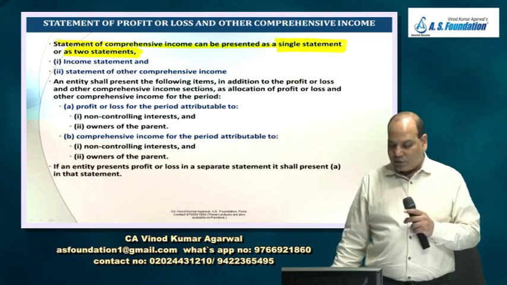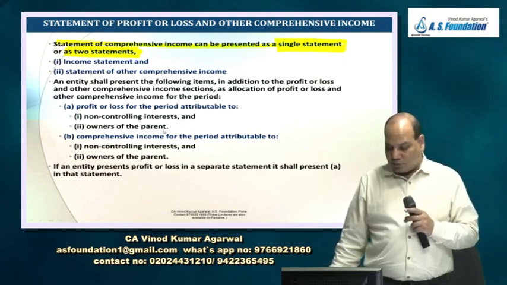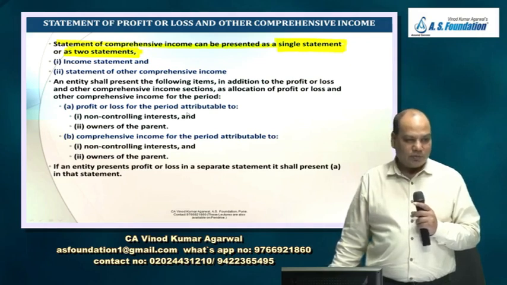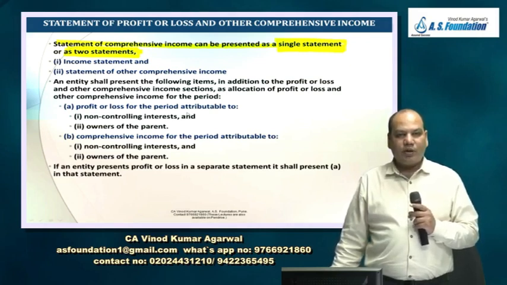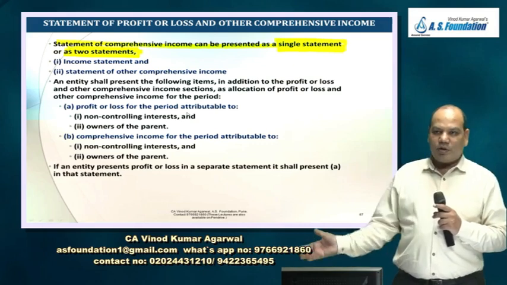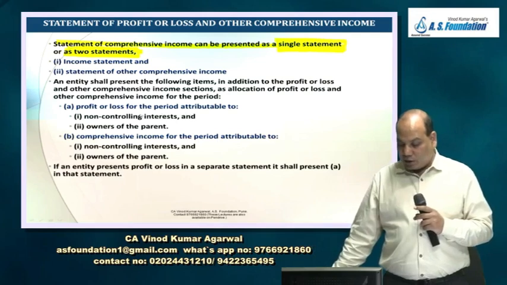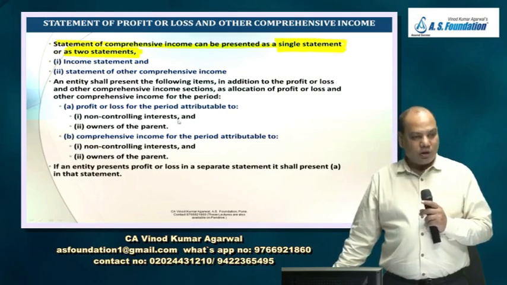An entity shall present the following items in addition to profit or loss and other comprehensive income section as allocation of profit or loss and other comprehensive income for the period. Now, in case you are preparing consolidated financial statement, where the financials of subsidiaries are consolidated with financials of parent, then you have to divide the profit or loss between the non-controlling interest and the owners of the parent.